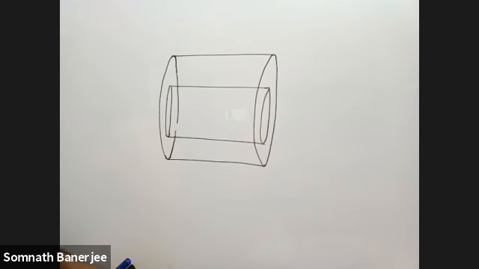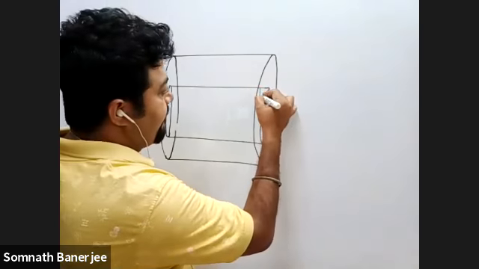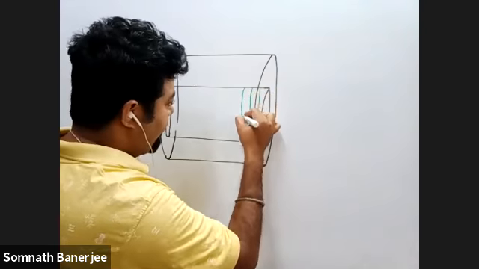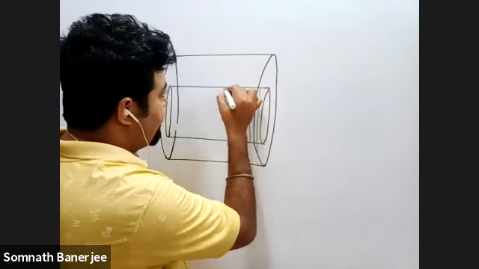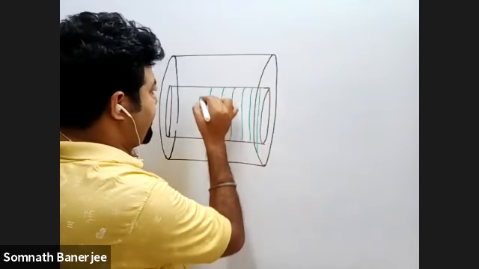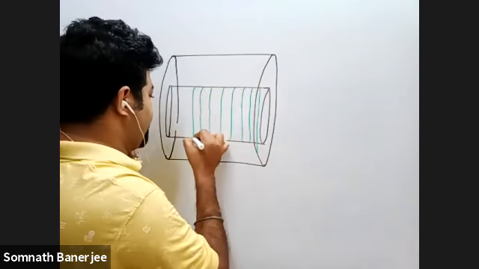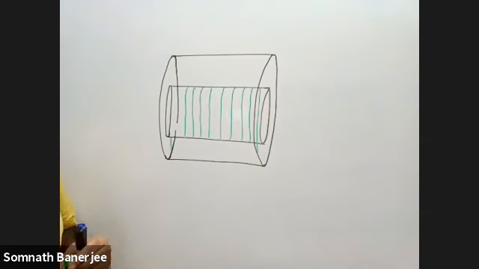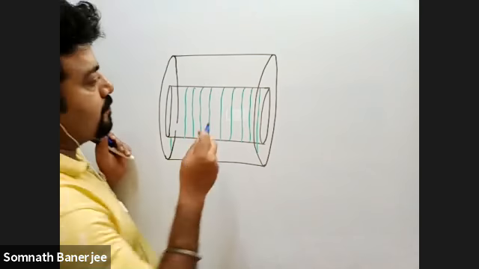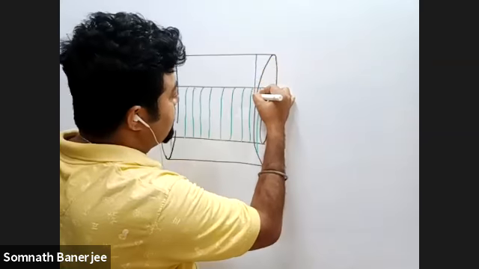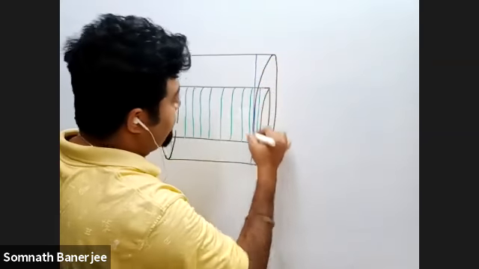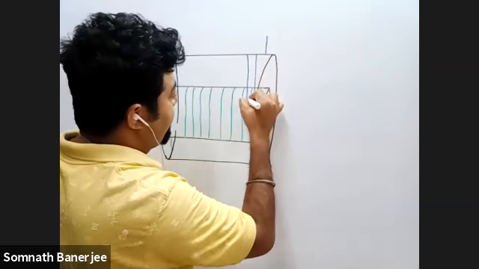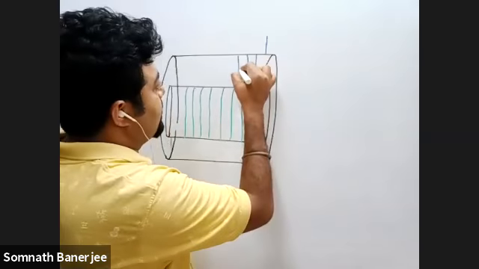So this is the first coil, the inner coil. And in between, we can put this one, the secondary turn.